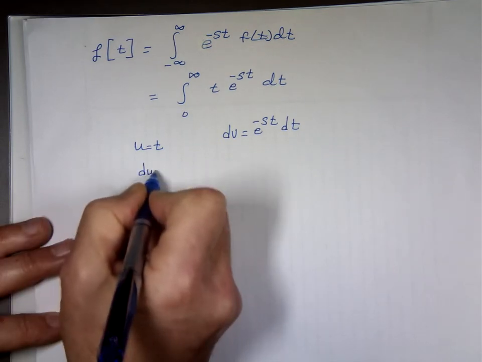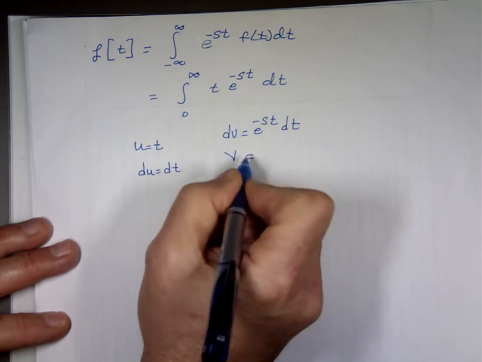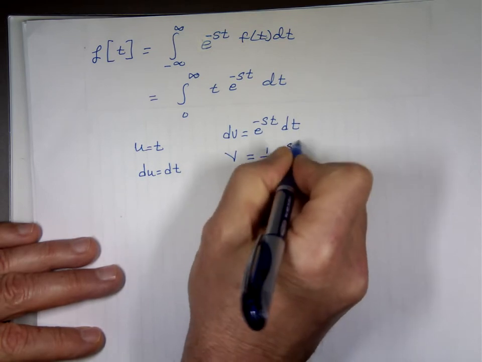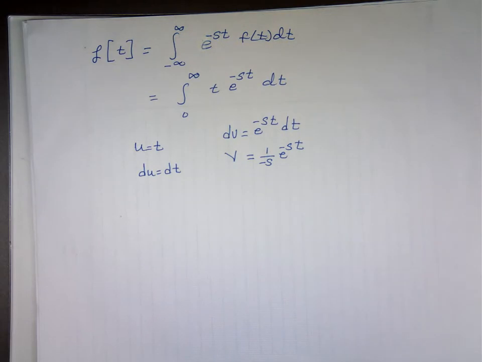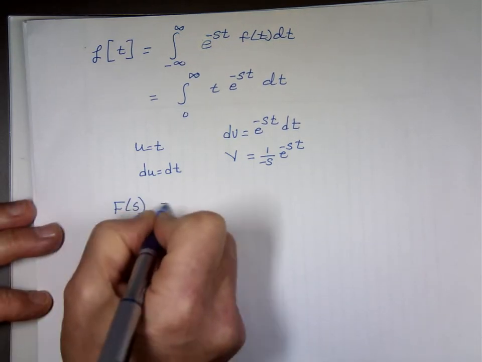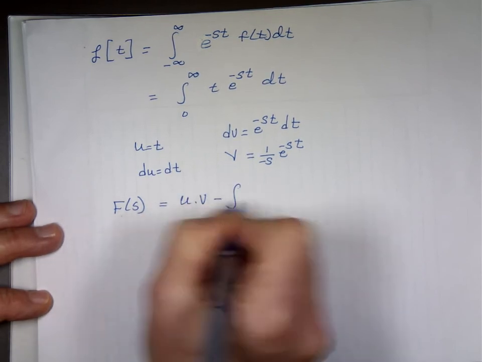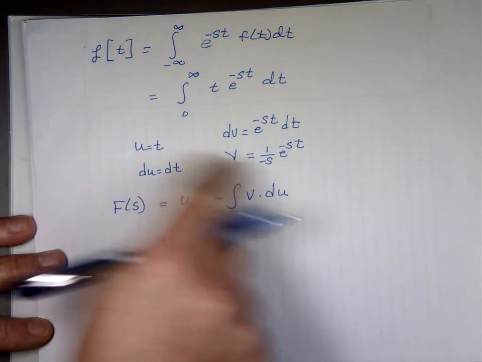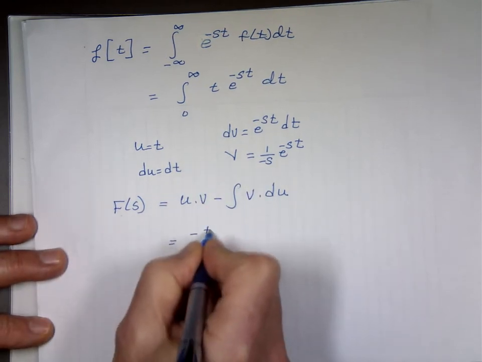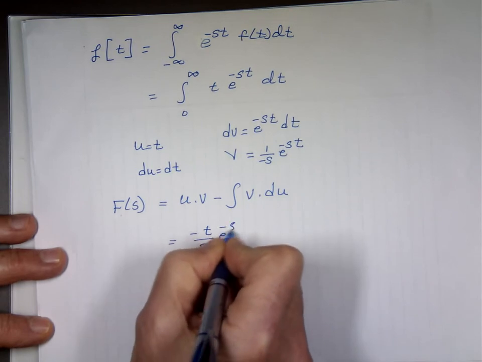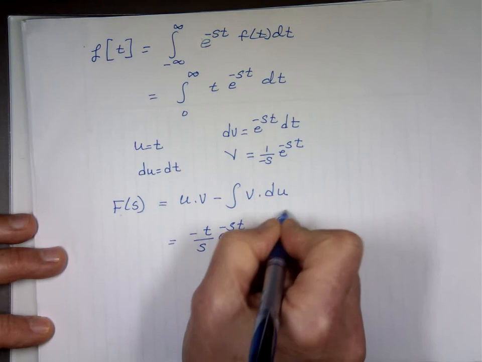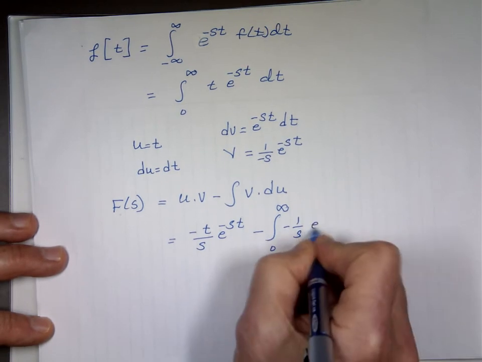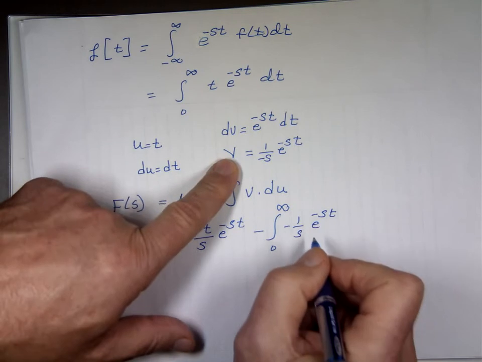That means du is equal to dt, and v is, you integrate that one, 1 over negative s e to the minus st. So what is the Laplace equal to? u times v minus the integral of v times du. u times v is negative t over s e to the minus st, minus the integral from 0 to infinity of v, which is negative 1 over s e to the minus st, du.